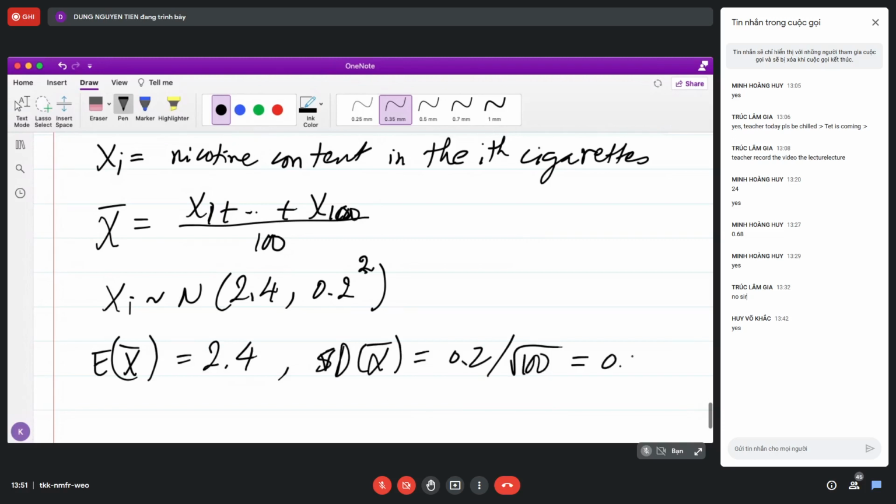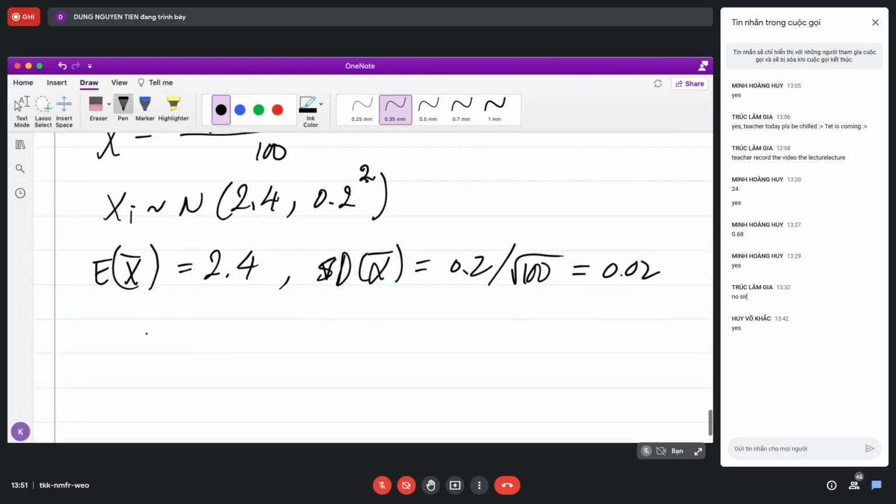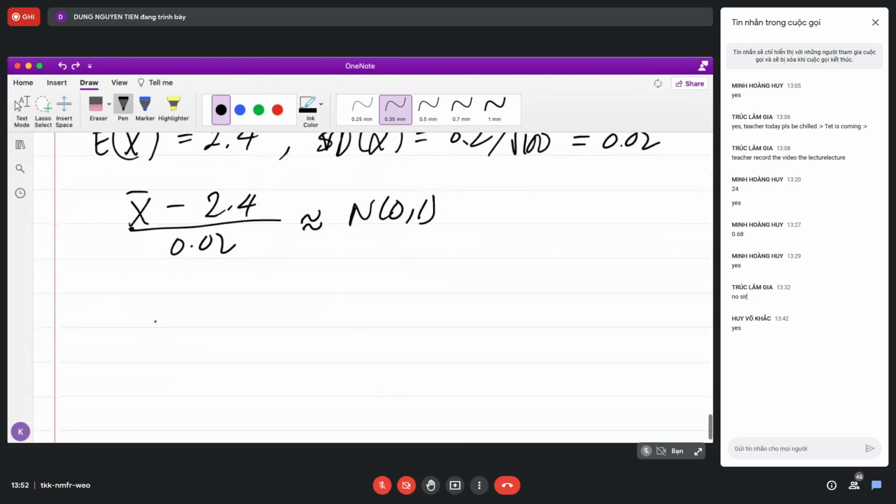So you get 0.02. Then I can conclude that x bar minus 2.4 over 0.02 approximately follows the standard normal distribution. The point is that n is big enough, right? In this case, n is 100.